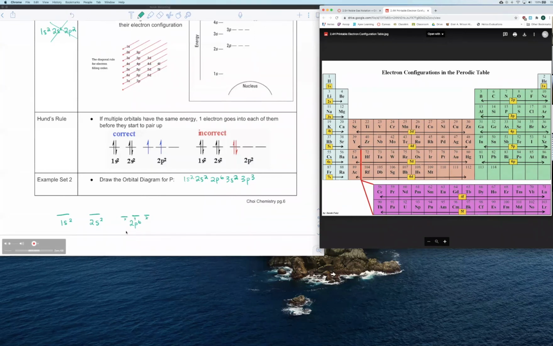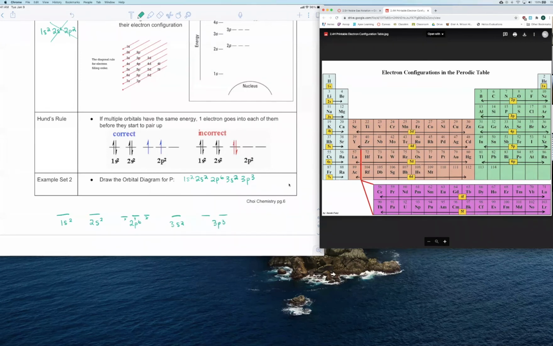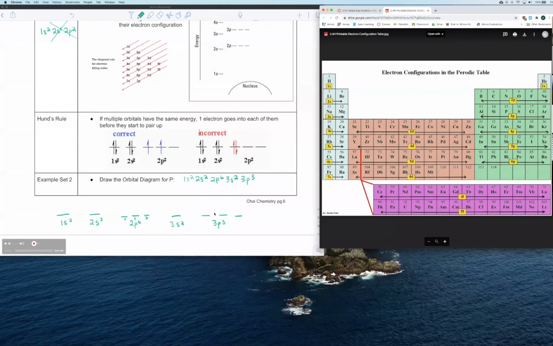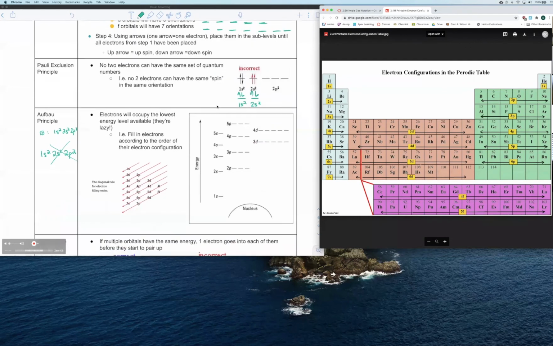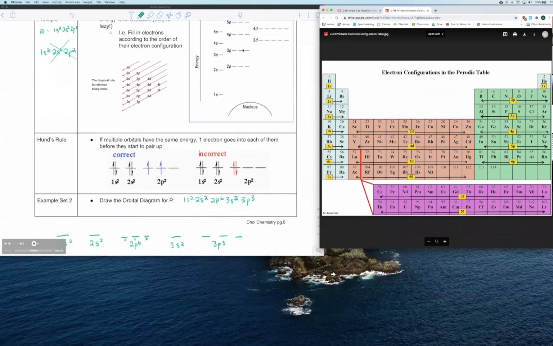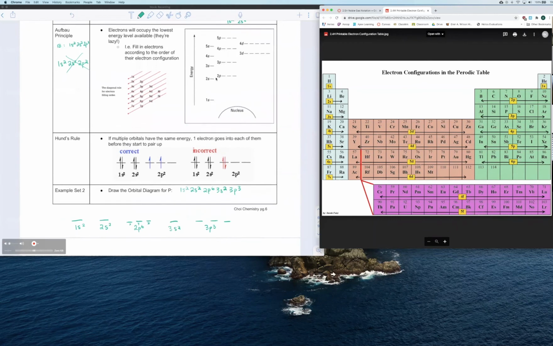You don't have to write x, y, z, but that's just showing which orientations they are. Your 3s2 orbital has one orientation, and then your 3p3 orbital would have three orientations. If you forget how many orientations you have, either look back at the notes right here, or you can just look at this chart. This chart tells you how many of each that you have.